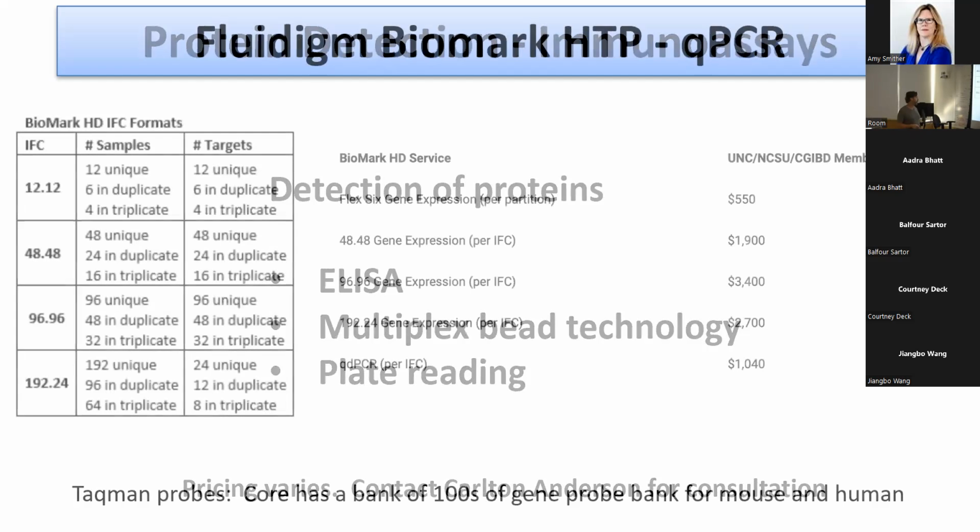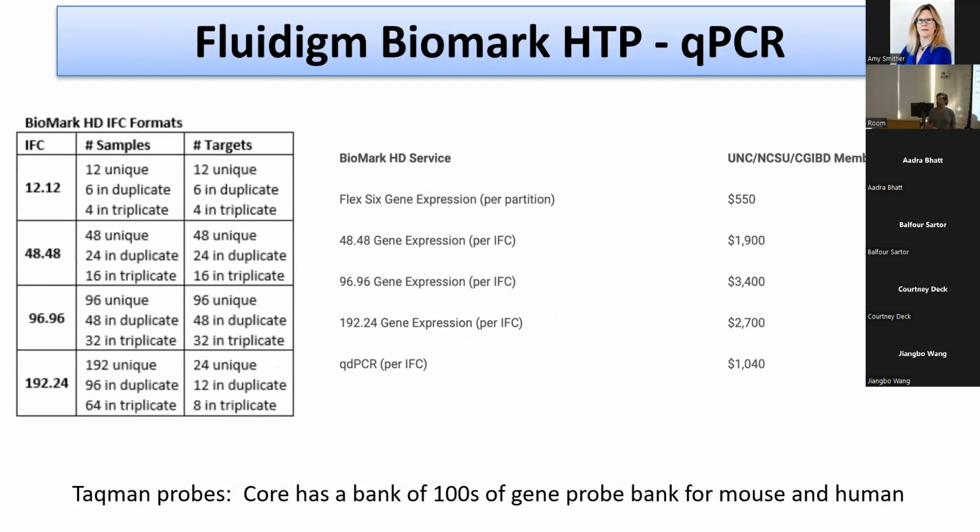Oh, very important. People ask this a lot. What about the probes you use? The instrumentation allows you to do SYBR Green. But early on, when we first got this, I made an executive decision that we were only going to use TaqMan probes. The reason for that is because you can see it is expensive when you get up to these higher gene numbers.